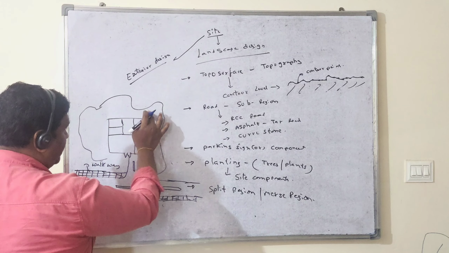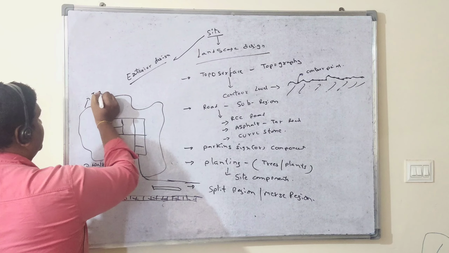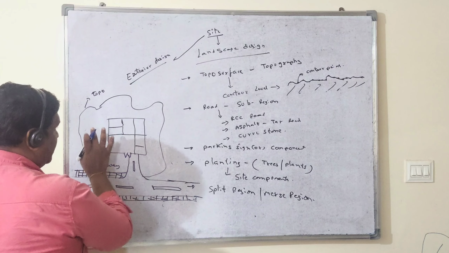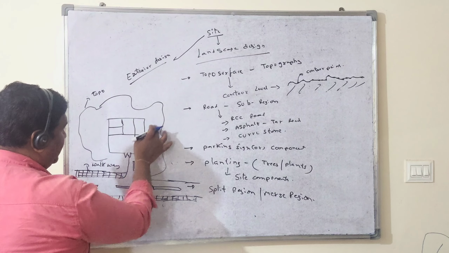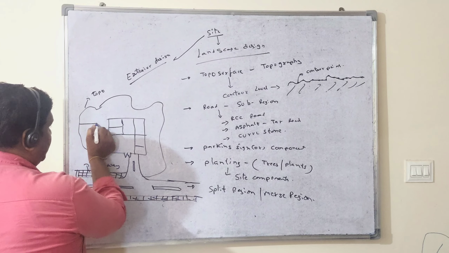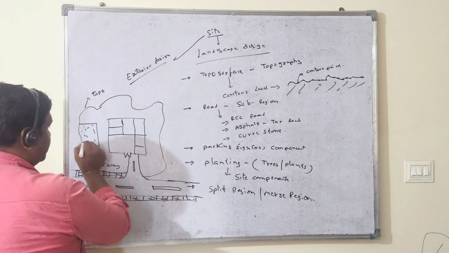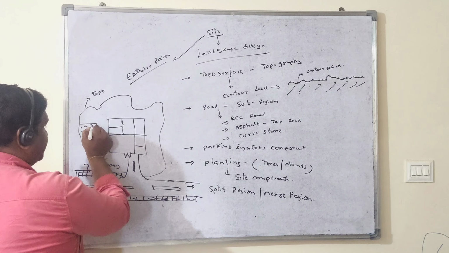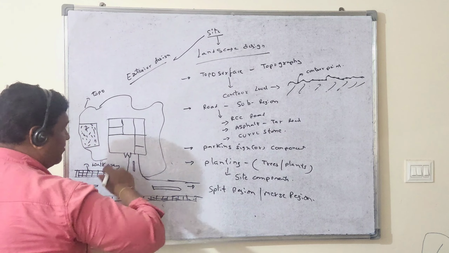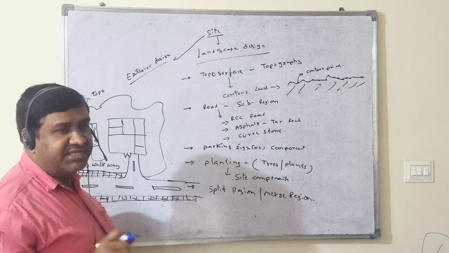Now in your surrounding area, this is your topo surface. In this topo, not every area will be mud. Some area we are going to provide as grass. So in this area I want to put some grass, some area you want to put some mud, some area you want to put some plantations.